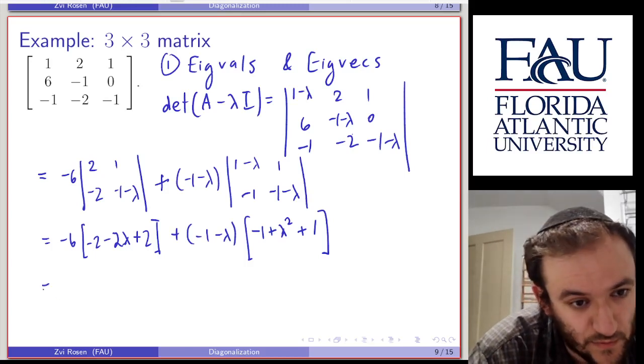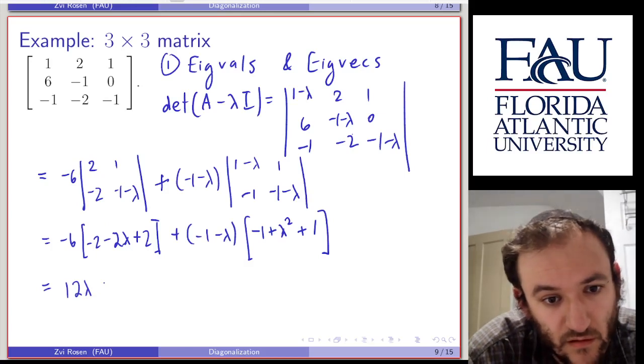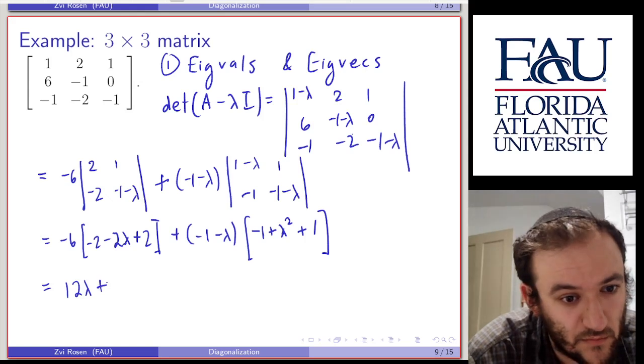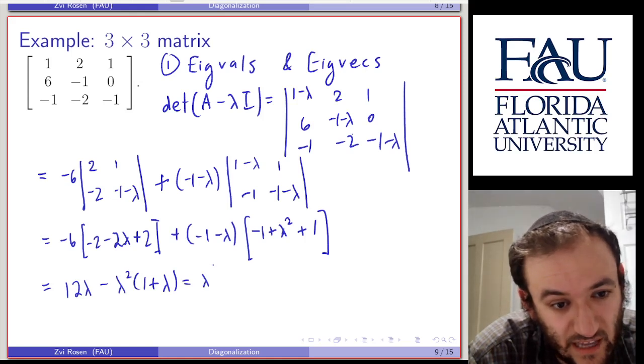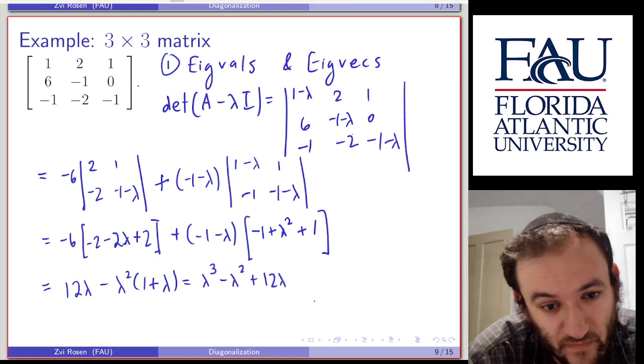This is equal to 12 lambda, plus lambda squared minus lambda squared times (1 plus lambda).